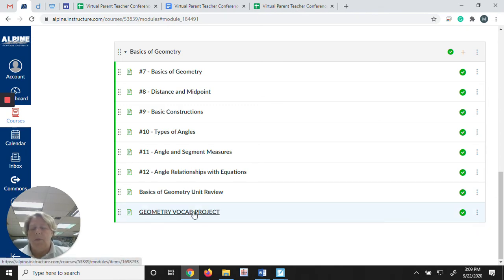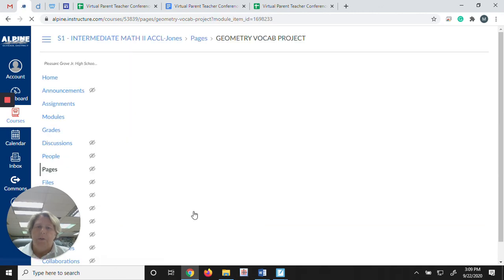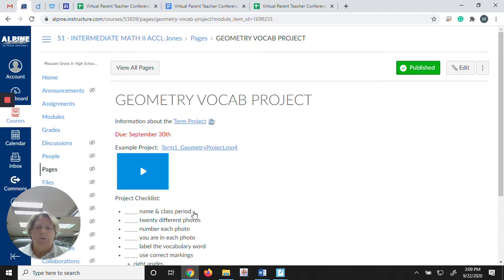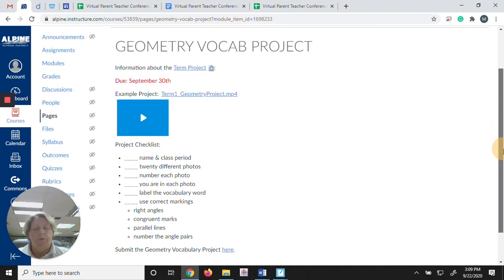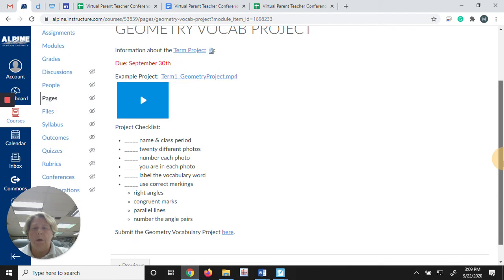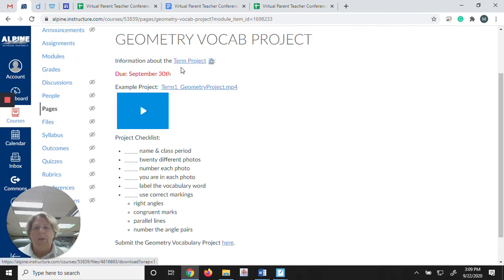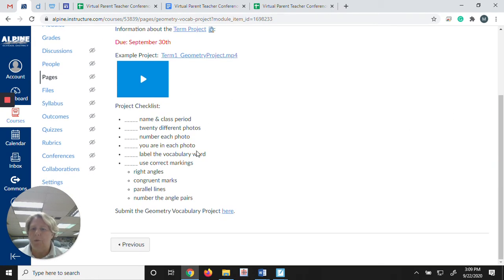So let's click on that for a second. Their project is going to be a slideshow or picture presentation of the vocabulary that we've been talking about. So if we look, this is the information about the term project. Here's an example. Here's a checklist of things that we need to make sure we do before we turn it in. And then here's where we would submit that.